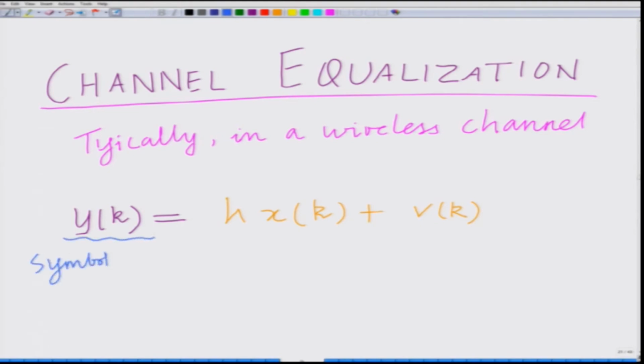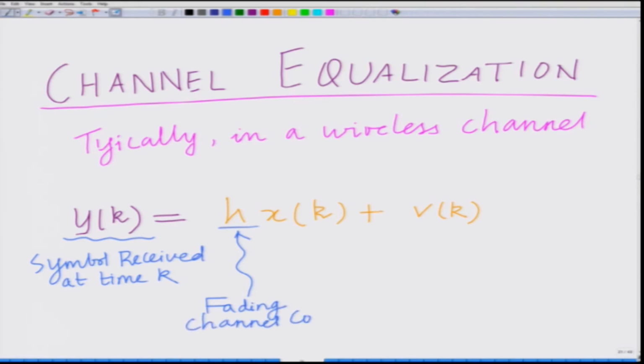Just to refresh your memory, yk is the symbol received at time k. H is the fading channel coefficient, in fact the flat fading channel coefficient.